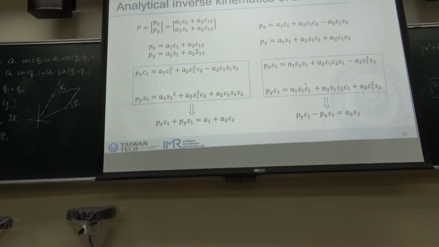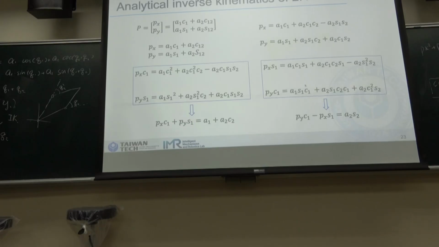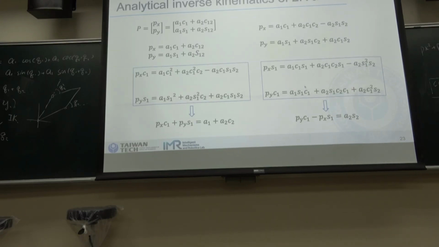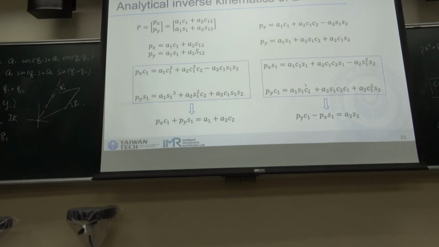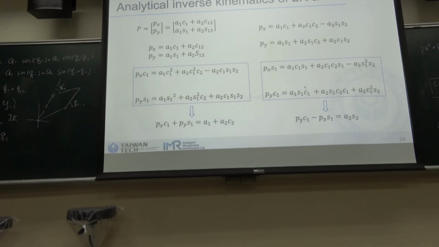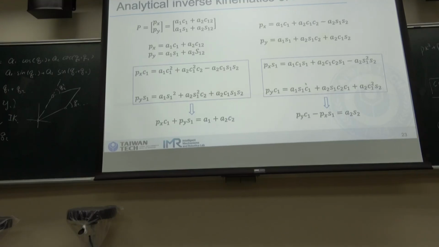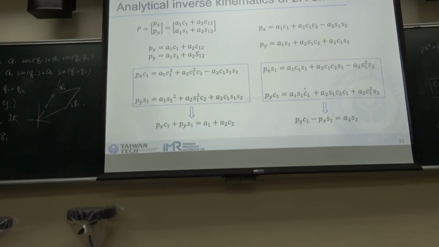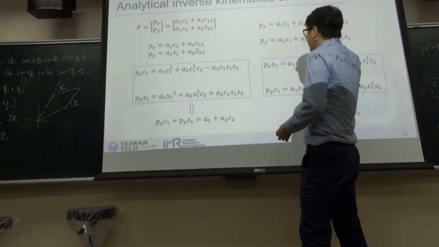So we can write cosine of q1 plus q2 equal to cosine q1 times cosine q2 minus sine q1 times sine q2. So we can get these two equations.